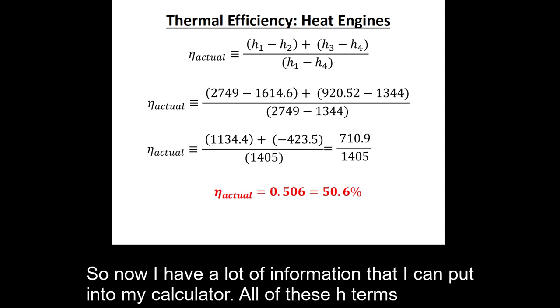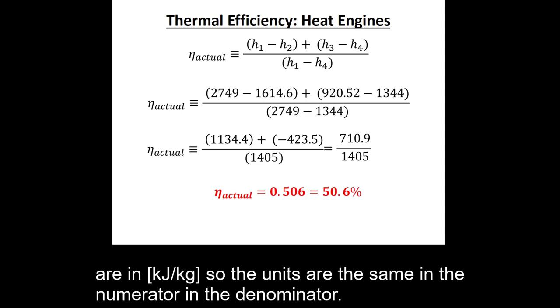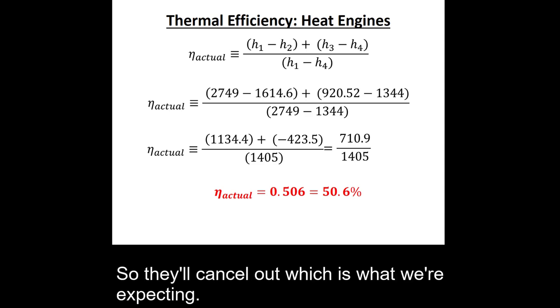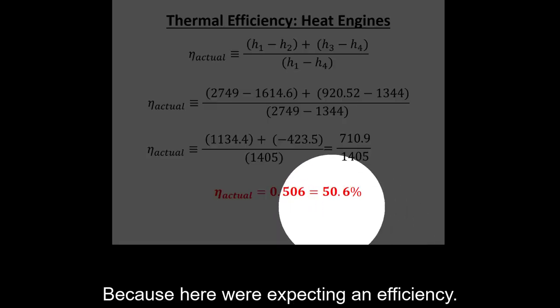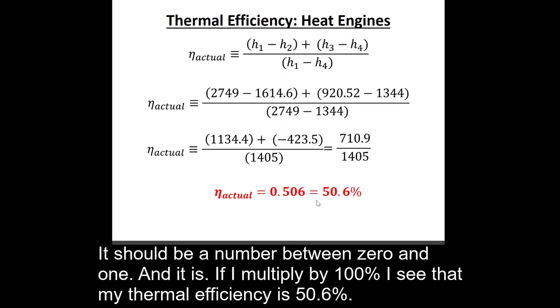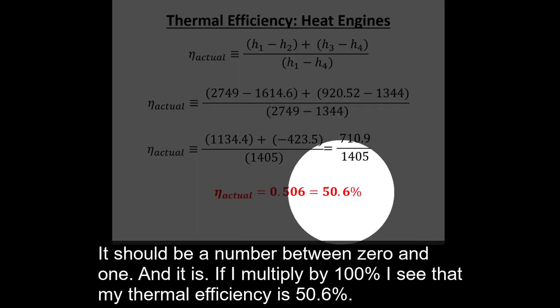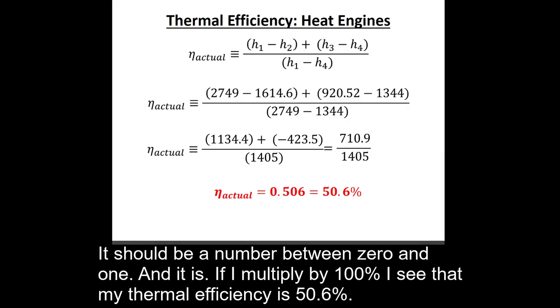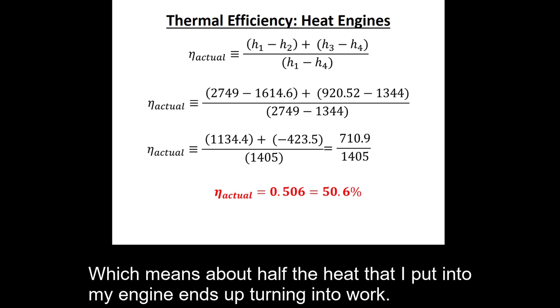All of these H terms are in kilojoules per kilogram, so the units are the same in the numerator and the denominator, so they'll cancel out, which is what we're expecting, because here we're expecting an efficiency. It should be a number between 0 and 1, and it is. And if I multiply by 100%, I see that my thermal efficiency is 50.6%, which means about half the heat that I put into my engine ends up turning into work.